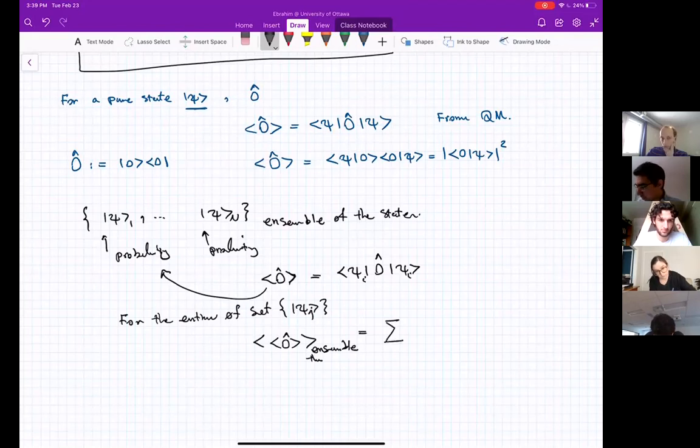Each of them has a certain probability p i, and then we have psi i, O, psi i. No surprise that all probabilities should sum to 1.